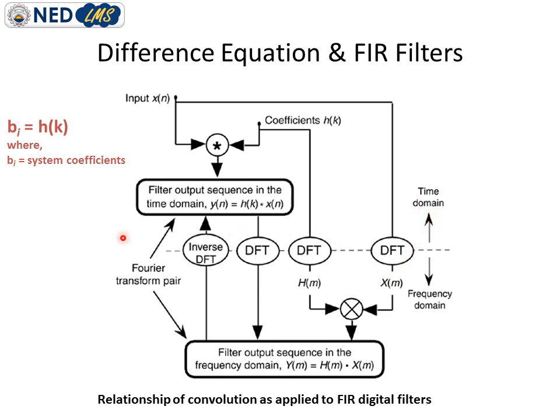As you can see, there is a dotted line which represents that all the blocks above this line are in the time domain, and all the blocks and processes below this line are in the frequency domain. So here we get the frequency domain version of the input signal and the frequency domain version of the impulse response. We are interested in the final output.